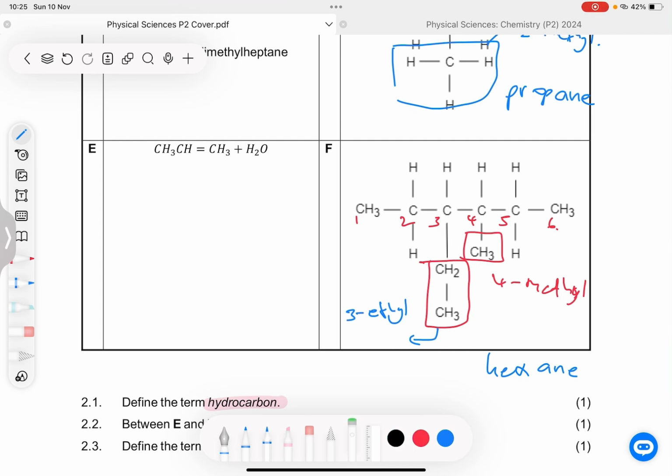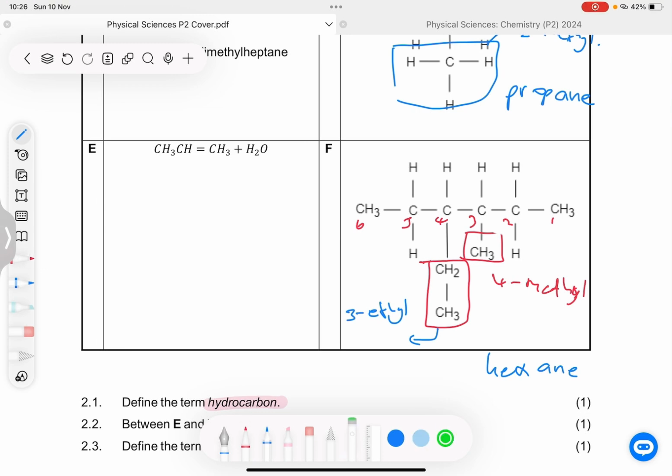Now remember I said to you that in this case we are allowed to actually number our long chain from either side, because we notice that our branch chains are on the same position of 3. So even if I number from this side 1, 2, 3, 4, 5, and 6, I should get a different name, but that defines the same compound. We'll have 2 different names, but they define the same compound.